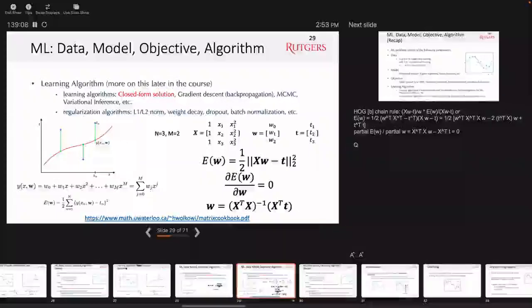And you just take this one to the left. That's going to give you something like exactly this one, right? So this is going to be your optimal W. Okay.